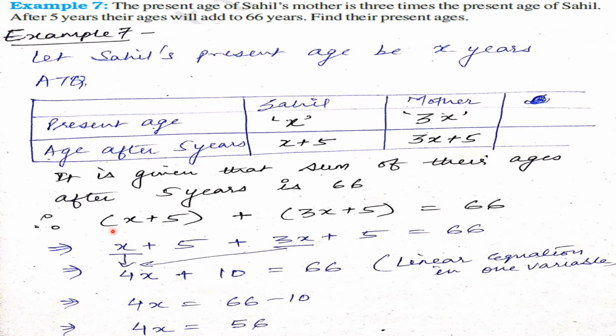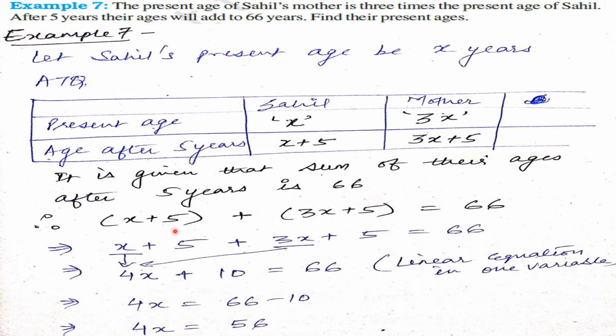Hence we can say x plus 5, that is Sahil's age, plus 3x plus 5, that is her mother's age after 5 years. The sum is how much? 66. I hope you understood the method of forming this equation. It is very easy, but you need to be very much concentrated on the question.